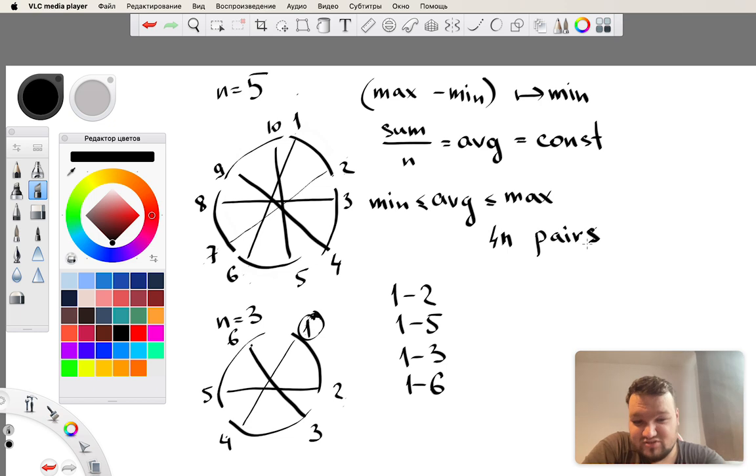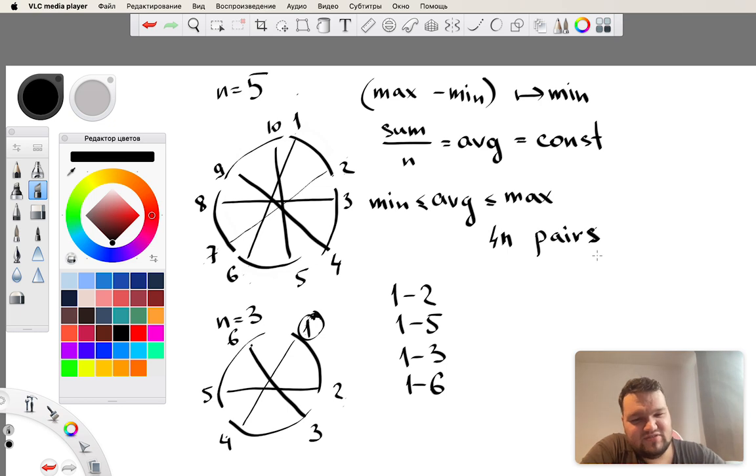Let's find all those pairings, calculate the sums of their intelligences, and sort them. If we fix minimum and maximum, we're just saying that everything between minimum and maximum is allowed, everything else is not allowed.